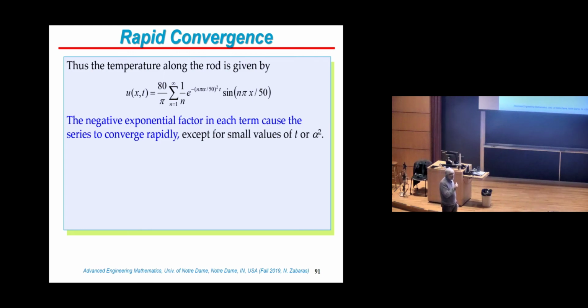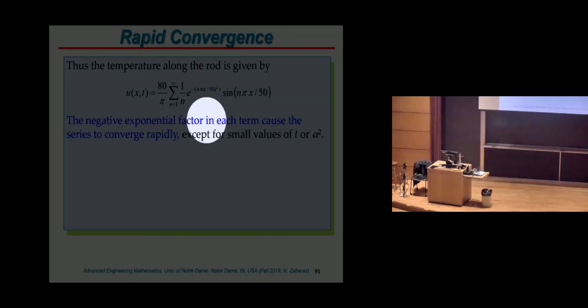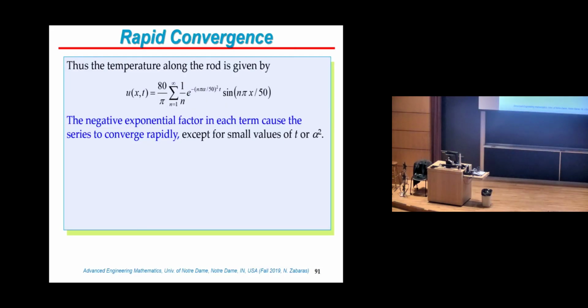And that basically smooths the solution, because that thing approaches 0 as t goes to infinity. And this is what makes this series expansion converge rapidly. You don't need a lot of terms, because if you put n equal to 5 here, this exponential is going to be so small that effectively its contribution to the series expansion will be equal to 0.